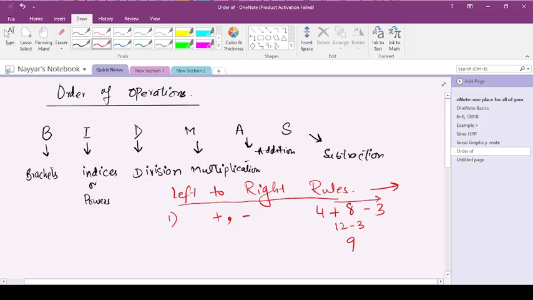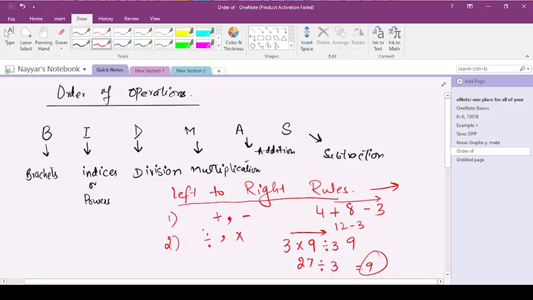In the same way, when you just have division or multiplication in the question, you again solve from left to right. For example, 3 multiplied by 9 divided by 3. 3 times 9 is 27, divided by 3, so your answer is 9.